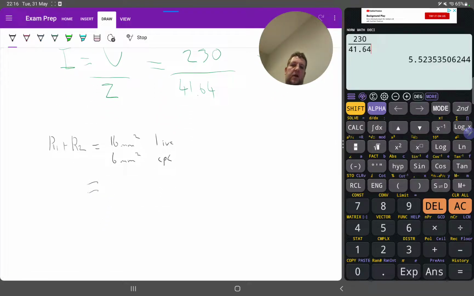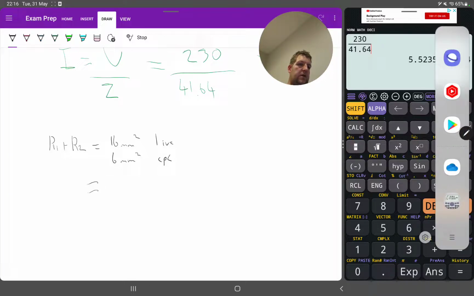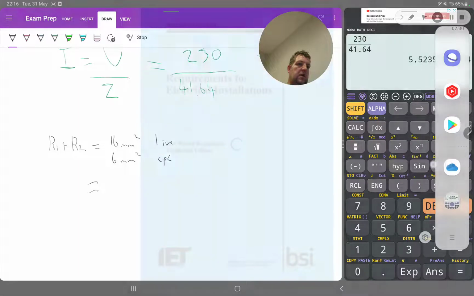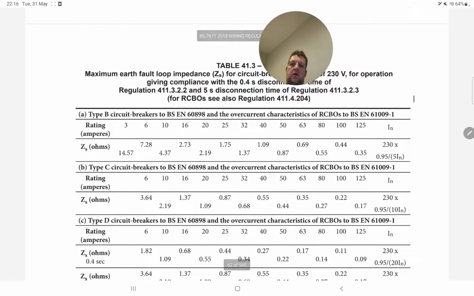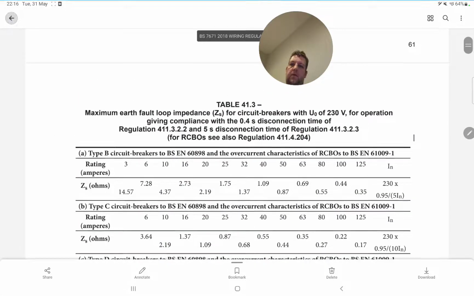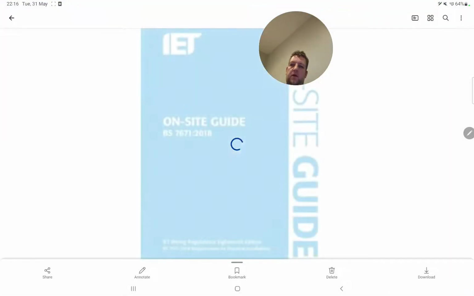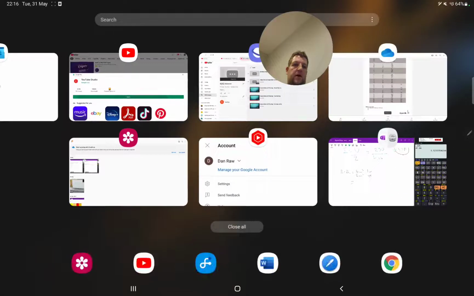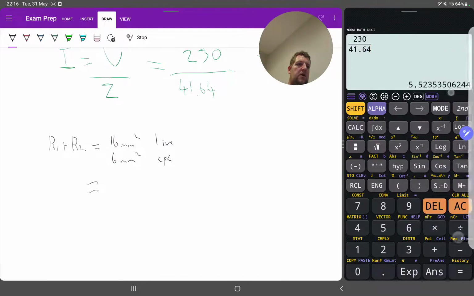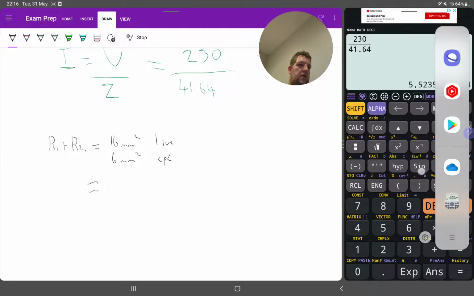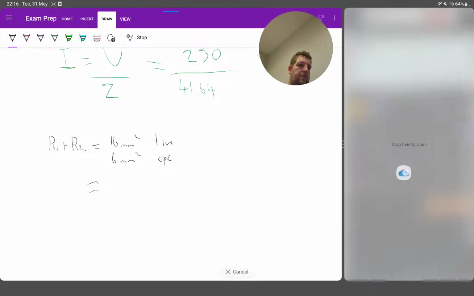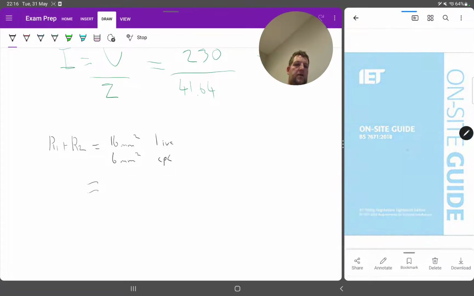So if we go to the on-site guide, what we'll do here, guys, I'll open up an on-site guide on the screen. I'll jump back to the split screen and load my on-site guide on this side. There we are, so the on-site guide.